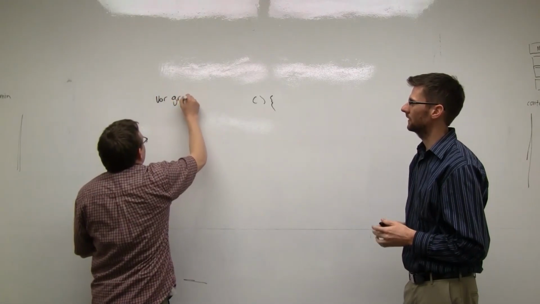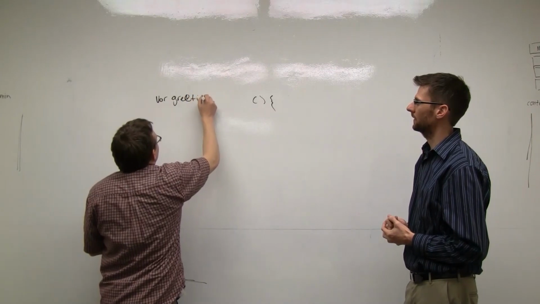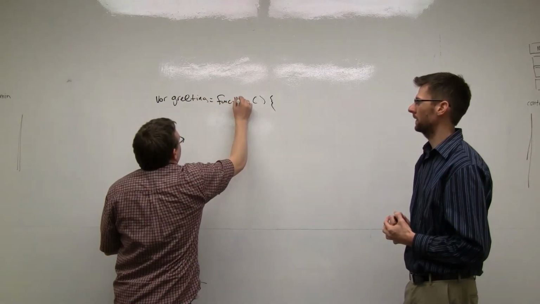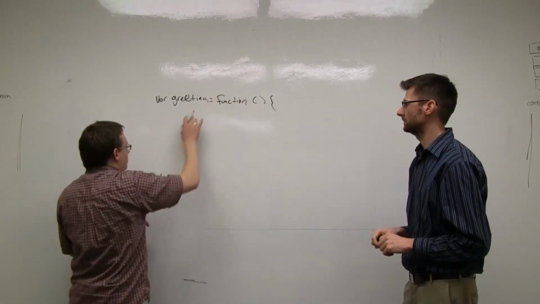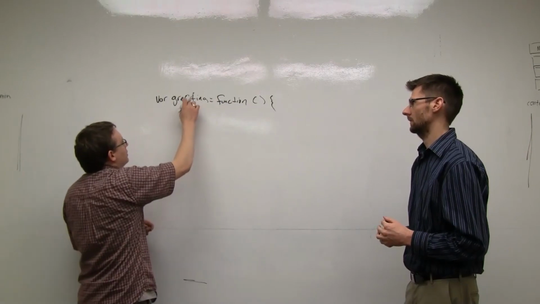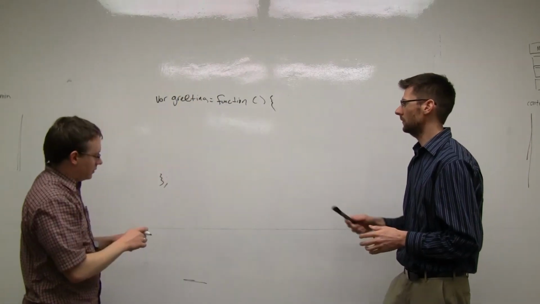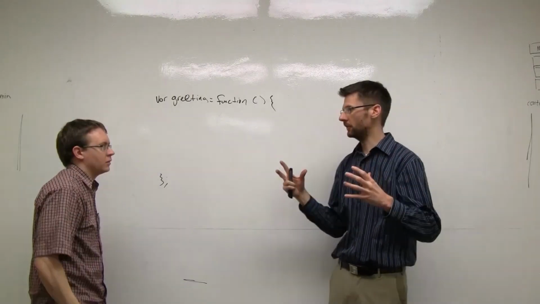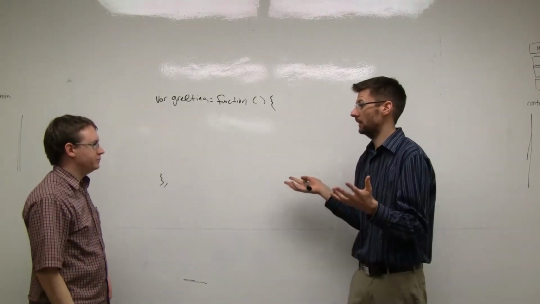Var greeting equals function. So this is going to make a new function value and stick it in greeting. The reason why we like this is because it's declarative, and it gets people in the mindset that functions are variables, they're values.